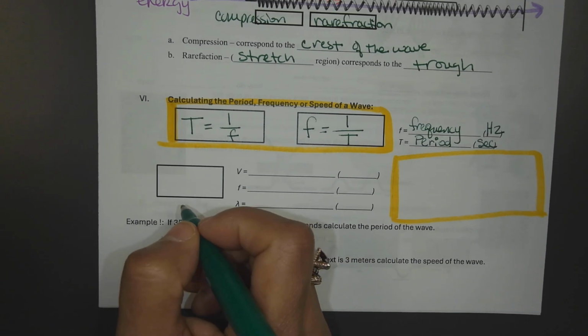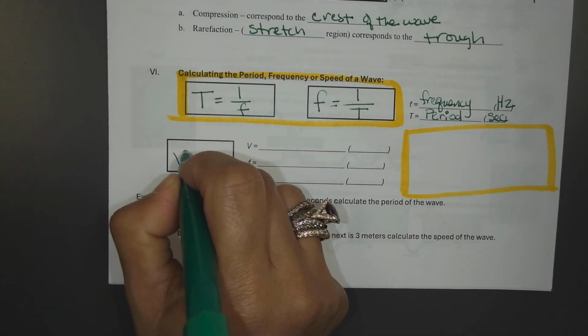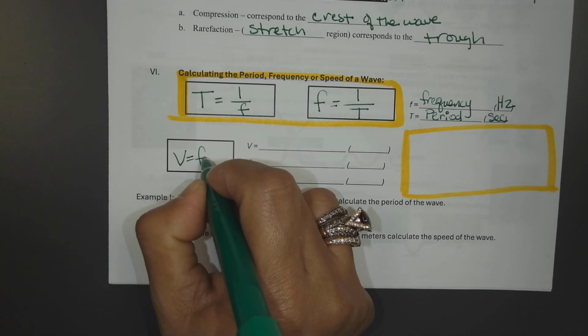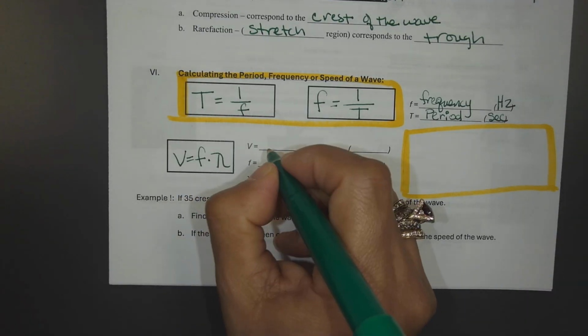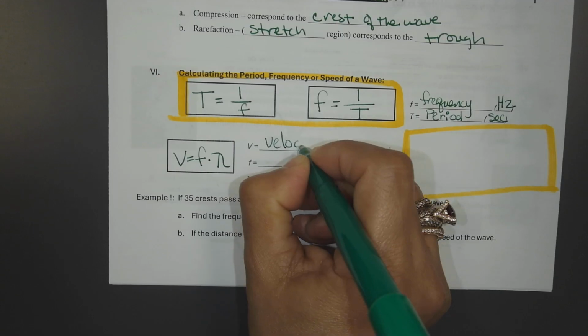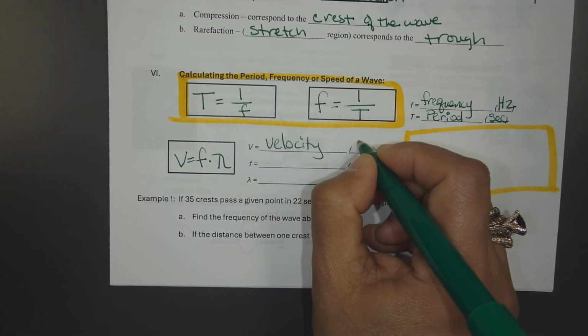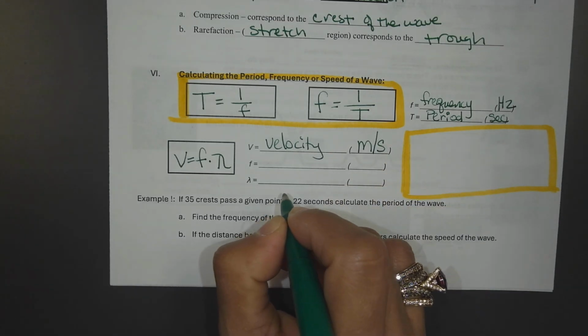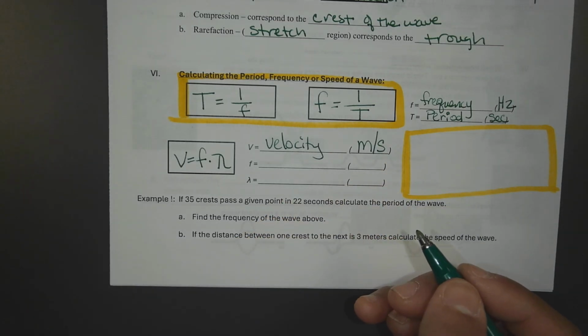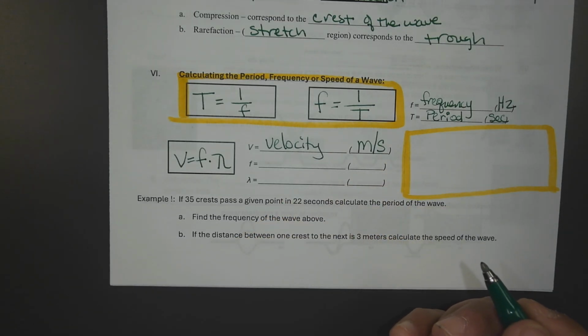Now this equation, the velocity, which is on the formula chart, is frequency times lambda. Velocity, which we prefer to be in meters per second, but it could be centimeters per second.